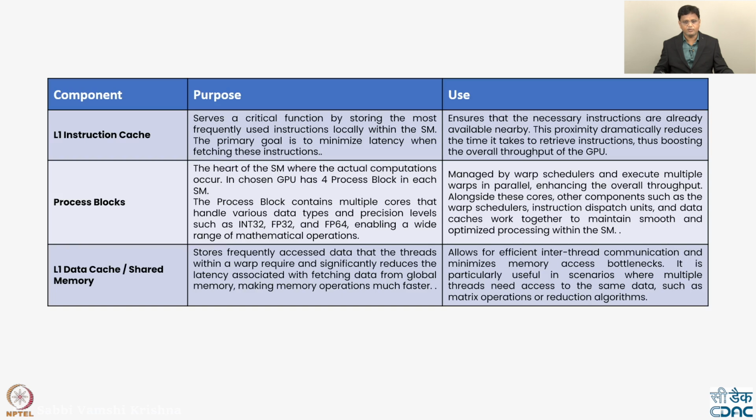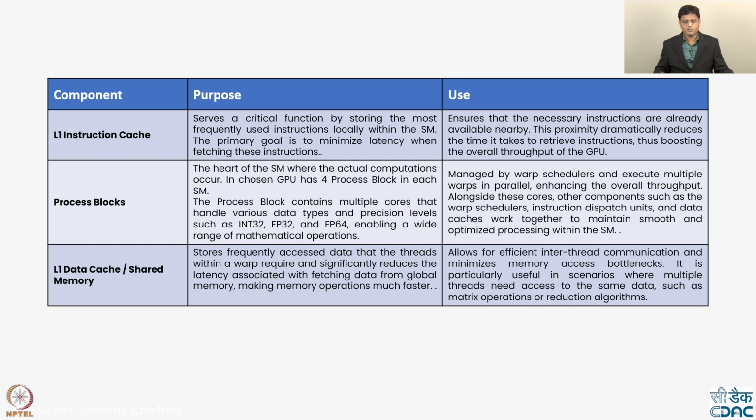Process block, this is the heart of the SM. As we have seen, there are 4 process blocks in each SM, and these process blocks contain multiple cores that can handle a variety of data types and precision levels such as FP64 double precision, FP32 single precision and int32, and they also enable a wide range of mathematical operations.